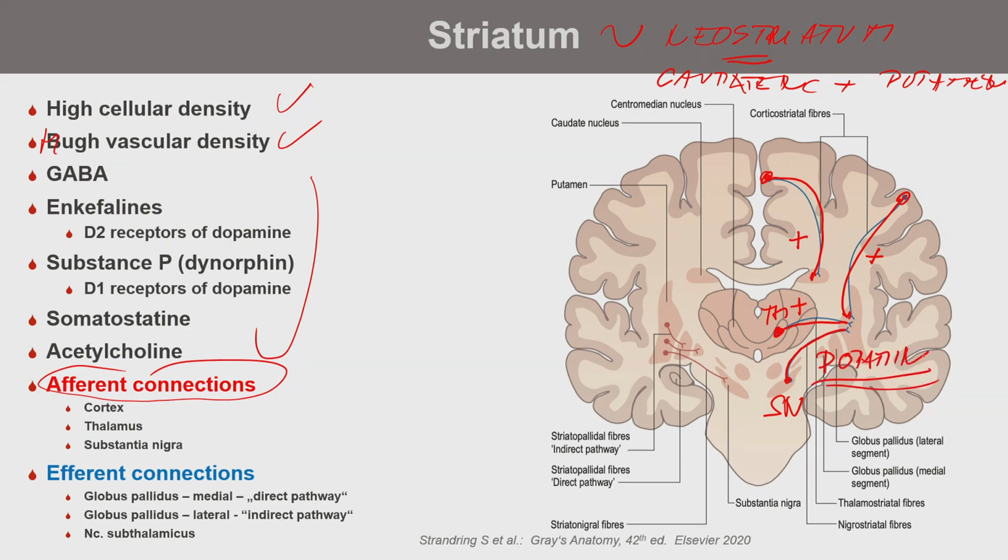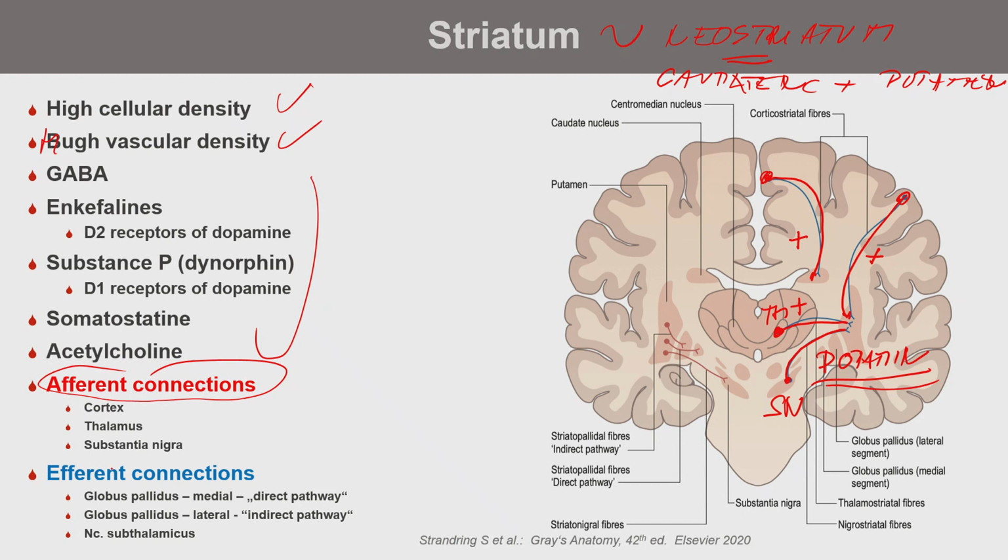And dopamine is a key substance which has to be known, because this is an important substance which maintains the function of a striatum. Without dopamine, the function of a striatum is not working, and then it could not inhibit the related structures.